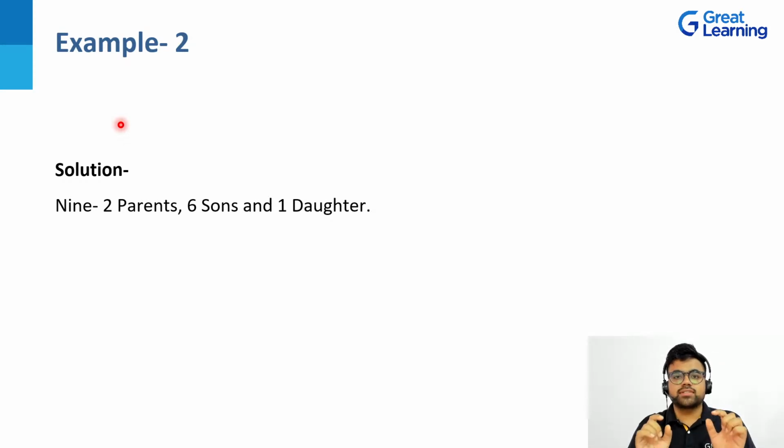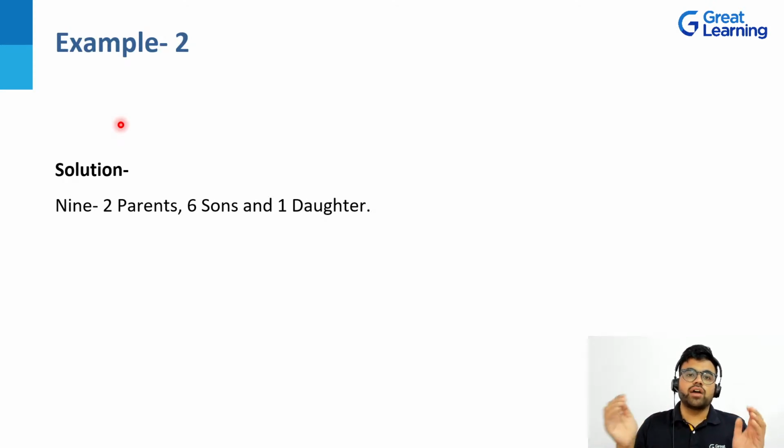They have six sons. Then each one of them has one sister. Since all six sons are brothers to each other, they would have a common sister. So the total would be six sons, one sister, and two parents. So the total number would be 9.